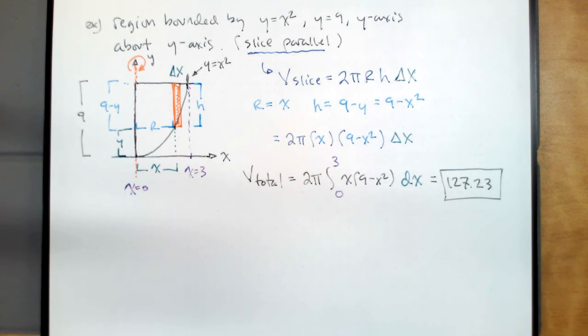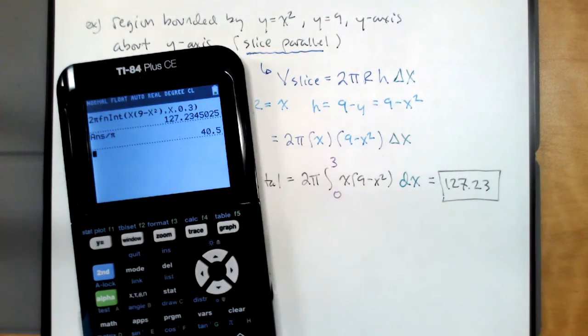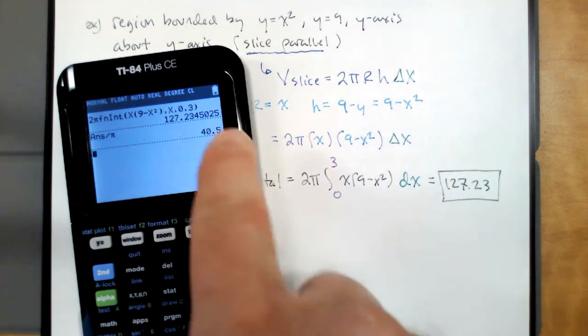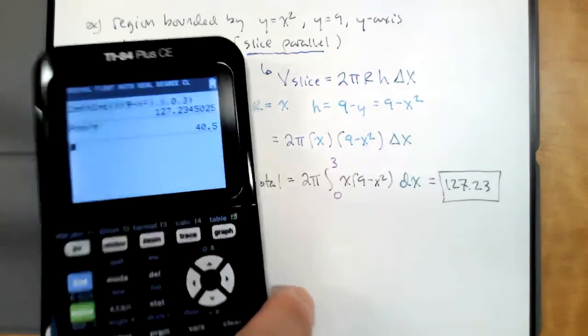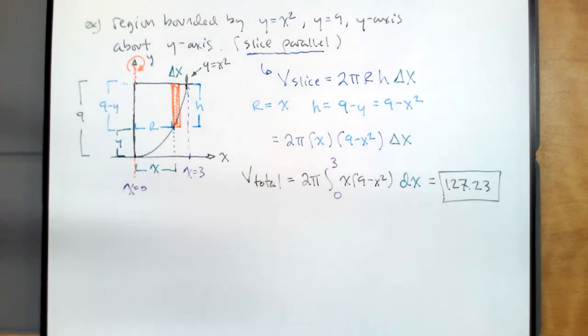Oh, I just took my 127.23 and divided it by pi, and then that tells me what's left over. Then I cross my fingers that this still remembers the 40.5, or that it wouldn't display with like 40.4 and then a bunch of nines.